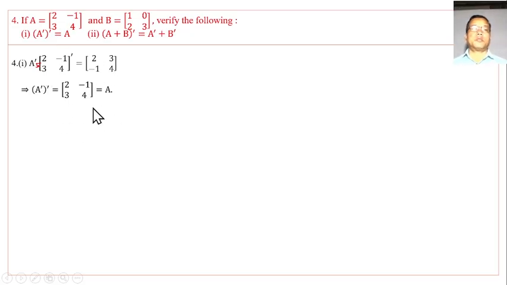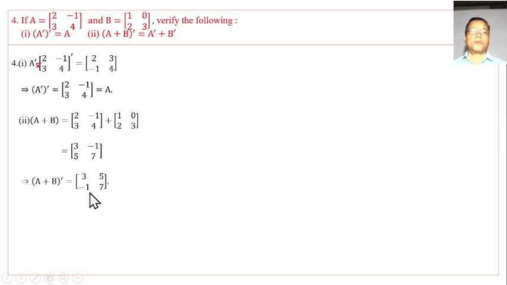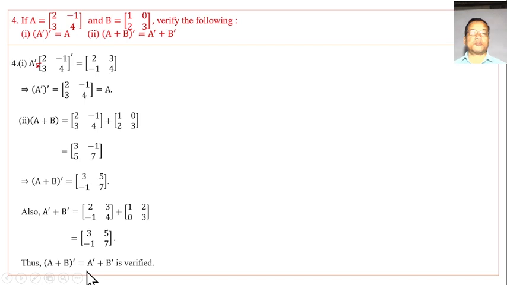So A transpose of transpose is A, hence verified. Then A plus B, we get this. We take its transpose: the first row becomes the first column, the second row the second column. Next, A transpose plus B transpose: the sum on the right side is similar. Therefore A plus B transpose equal to A transpose plus B transpose is verified.